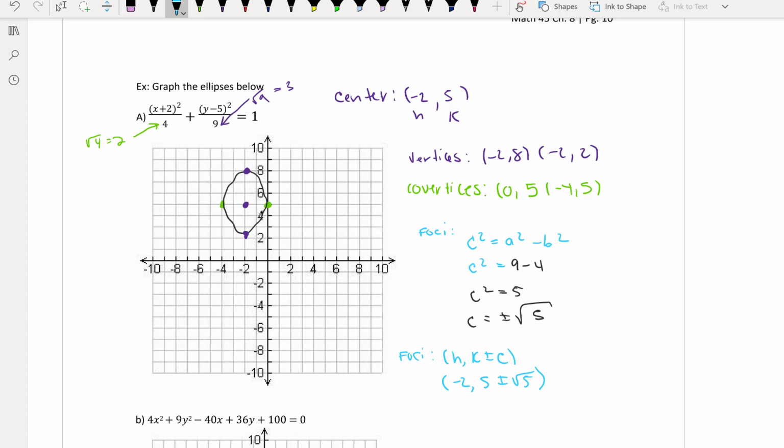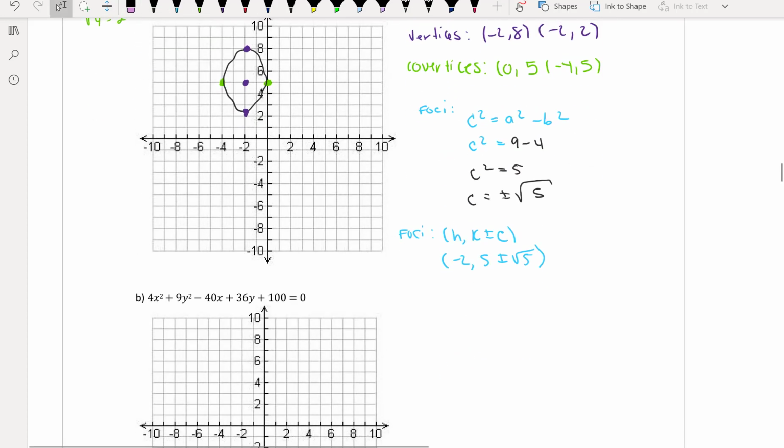Well, actually, let's see what the square root of 5 would be. So let's actually calculate this. 5 plus the square root of 5 is approximately 7.23. If I did 5 minus the square root of 5, that's approximately 2.76.